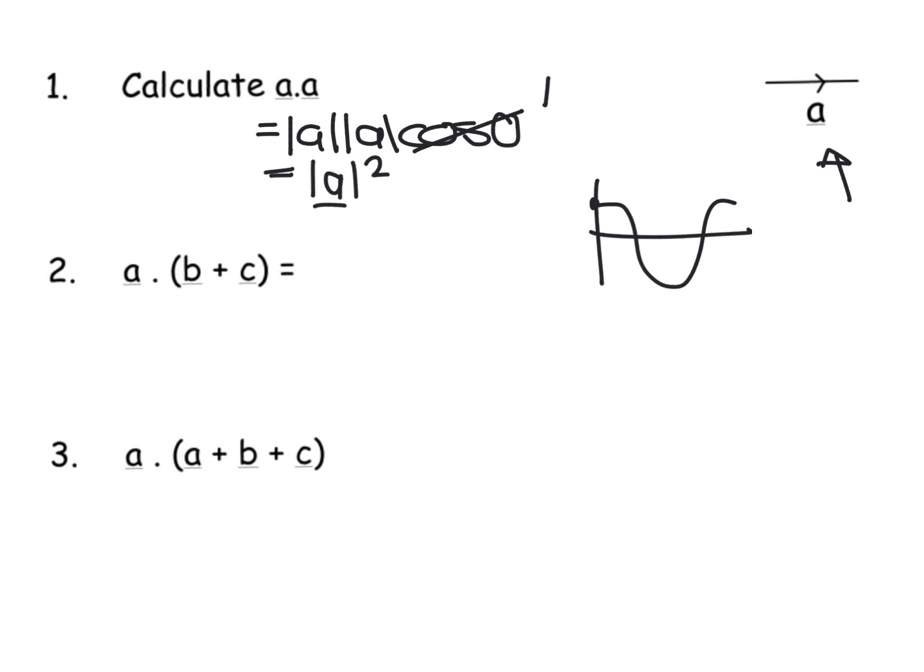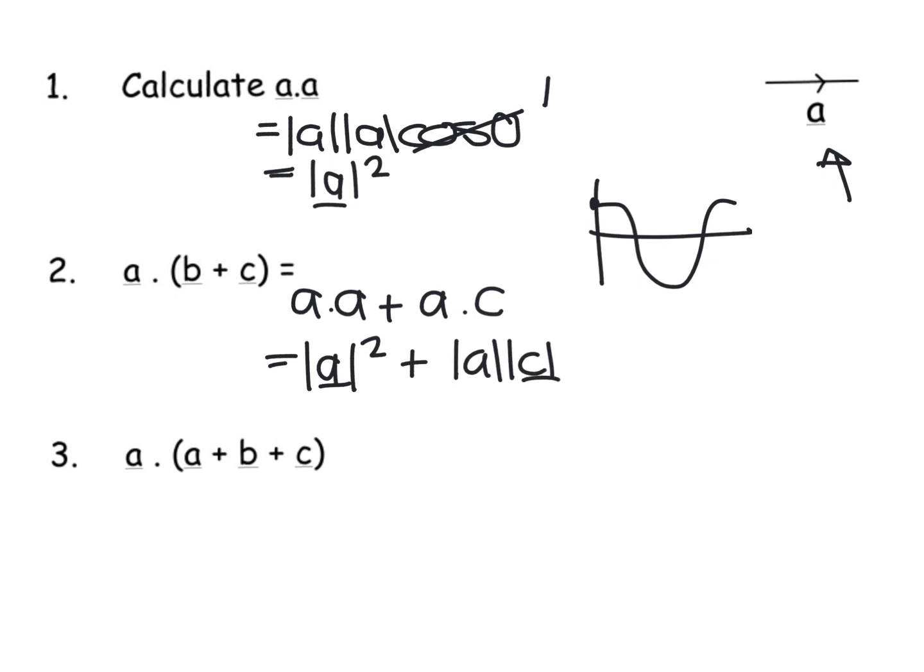Okay, so next one is just A dot B plus A dot C. So this can be written as A dot A plus A dot C. Now we already know that A dot A is the magnitude of A all squared, and then A dot C would be magnitude A, magnitude C times cos of whatever theta was. Similarly, we can do the same for below.